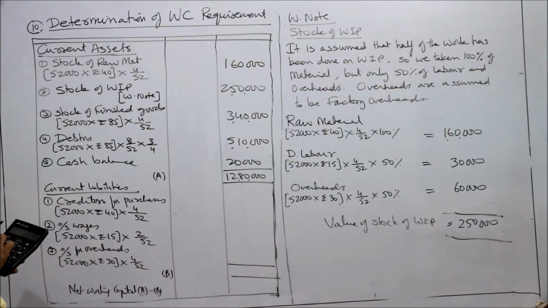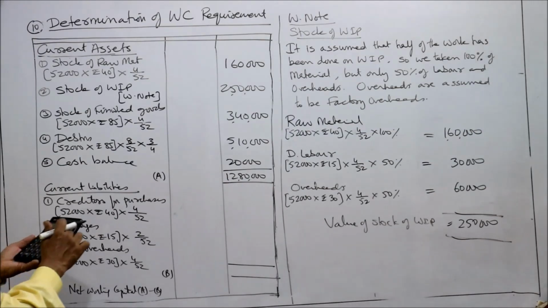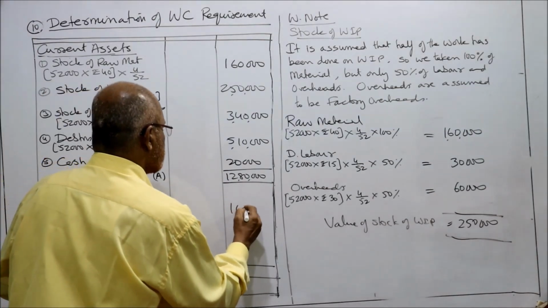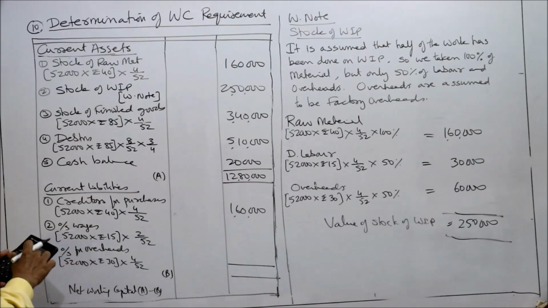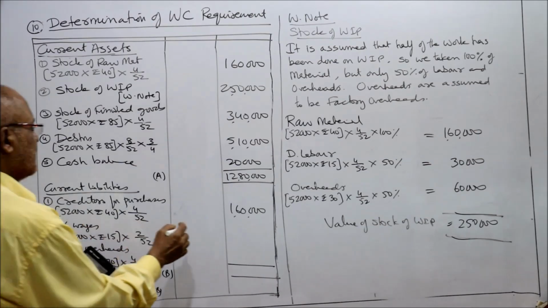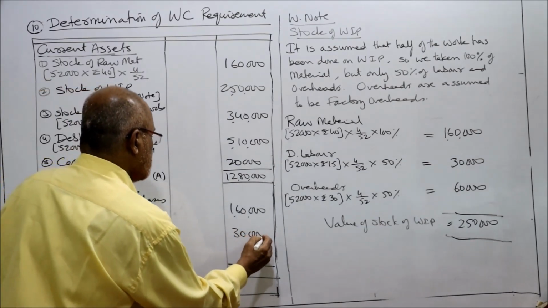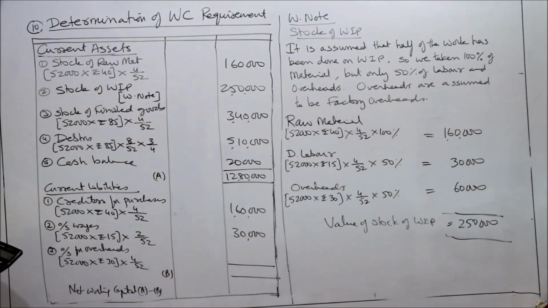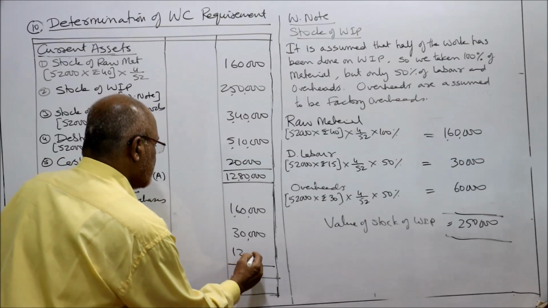52,000 into 40 into 4 divided by 52, 1,60,000. 52,000 into 15 into 2 divided by 52, 30,000. 52,000 into 30 into 4 divided by 52, 1,20,000.